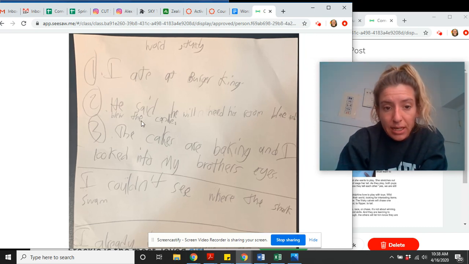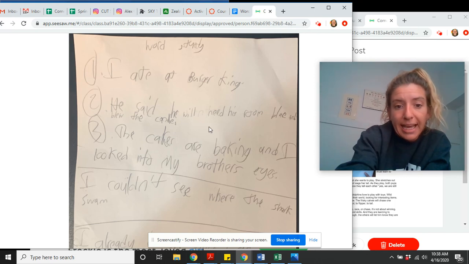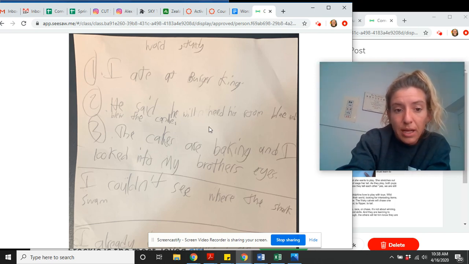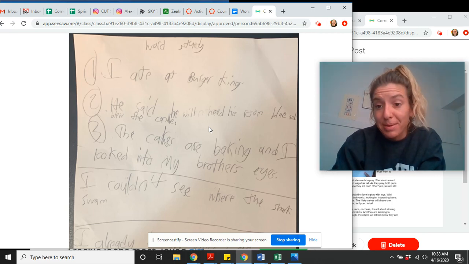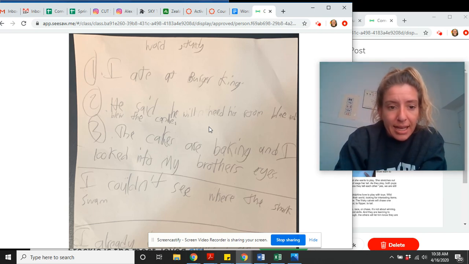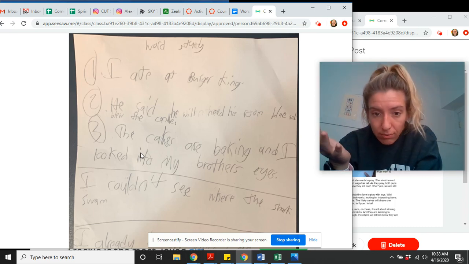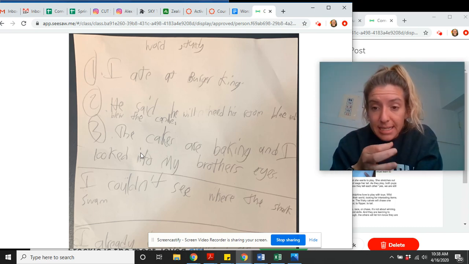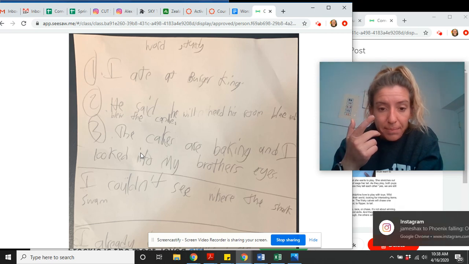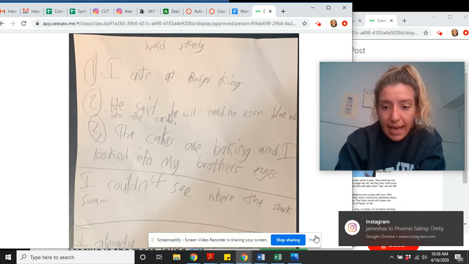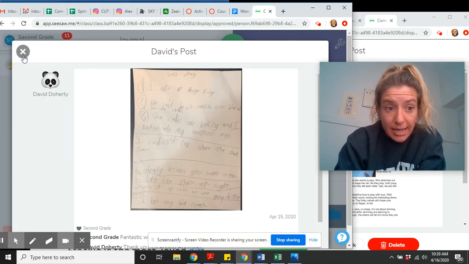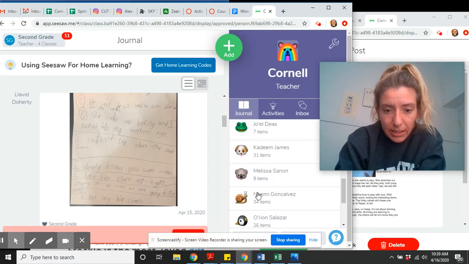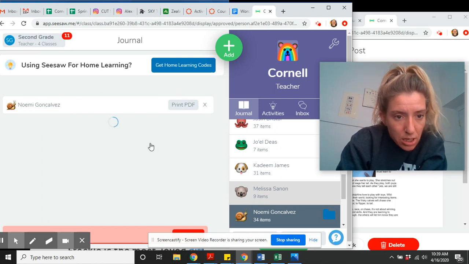And the next one needed a homophone and a past tense verb. He will need his room blue and blew the candle. Doesn't really make sense, but still has everything you needed. Next one needed a plural verb and a plural noun and a present tense verb. Cakes are baking, and I looked into my brother's eyes. Nice job, David.